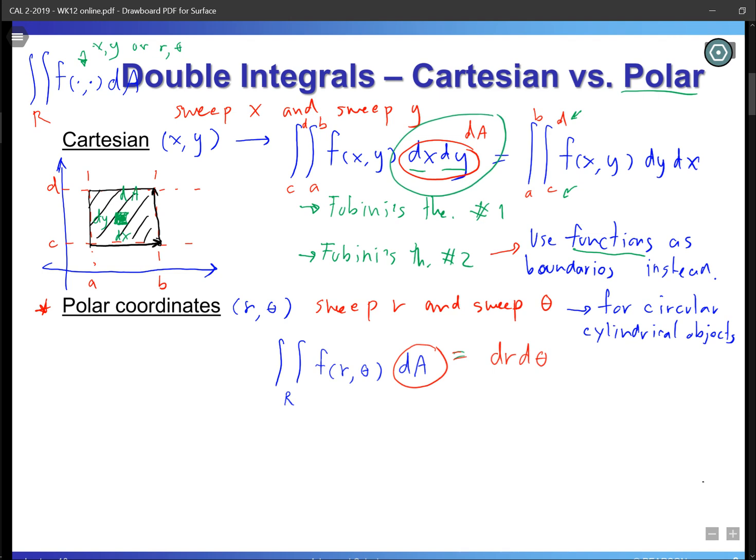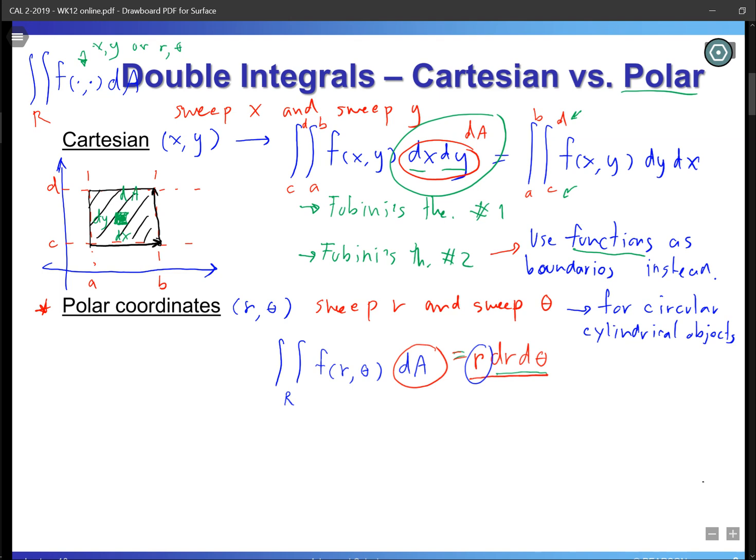It's supposed to be the same. But it turns out that no, that's not the case for polar coordinates. It turns out that we have an extra term right here, and we are supposed to have r right here. So for dA in polar coordinates, we are supposed to have this extra r.